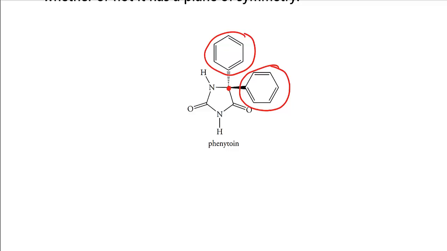This can also be looked at in terms of plane of symmetry. If you remember, I said if a molecule has a plane of symmetry, this molecule will never be chiral, or I can say its mirror image will be superimposable. So can you find a plane of symmetry in this molecule? You can see in this case this phenyl group is inside the plane and this one is outside the plane, and this molecule is all in the plane of the paper.